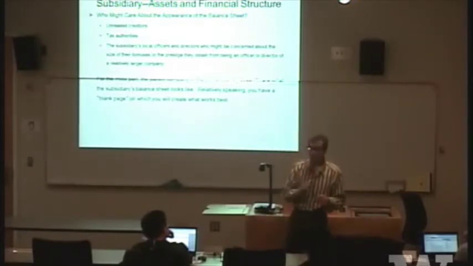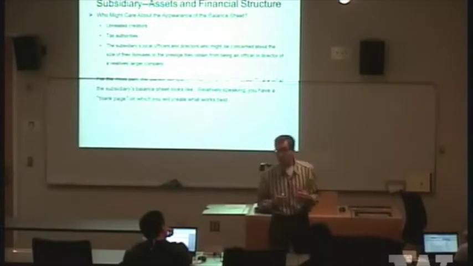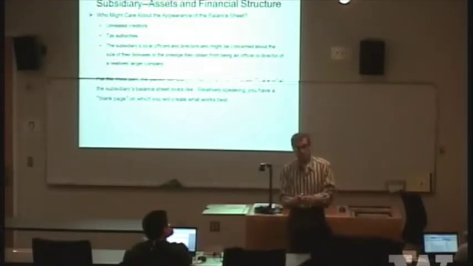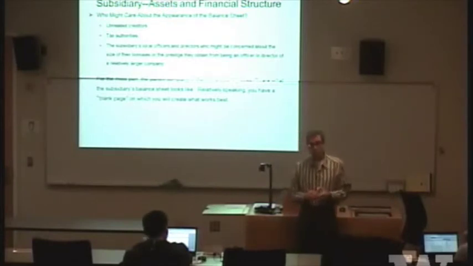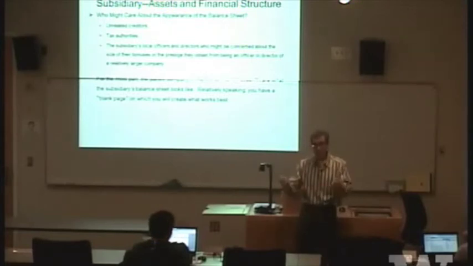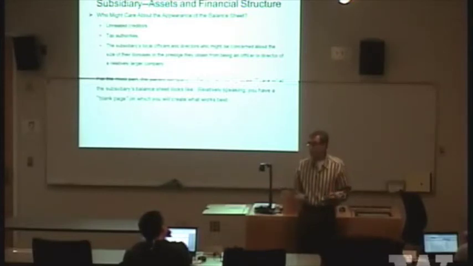If you have determined and advised ABC that they should form a subsidiary in your chosen country to operate this business, that is a separate legal person. And your friendly local tax authority looks at that company and cares about what the balance sheet of that company looks like, and the income statement as well.